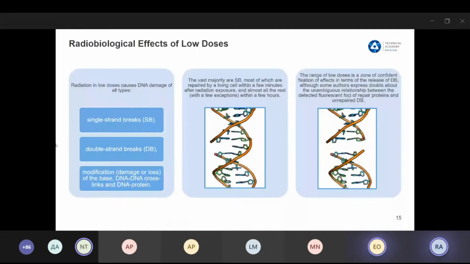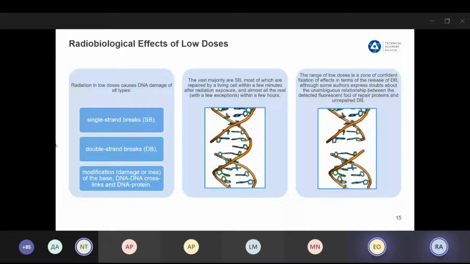So let's see the radiobiological effects in the region of low doses, about 0.01 to 0.1 grays. Radiation in low doses causes DNA damage of all types: single-strand breaks, double-strand breaks, modifications, damage or loss of the base, DNA cross-links, and DNA-protein cross-links.